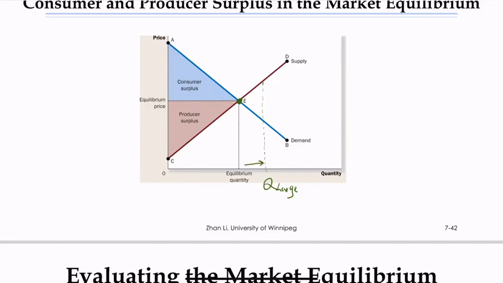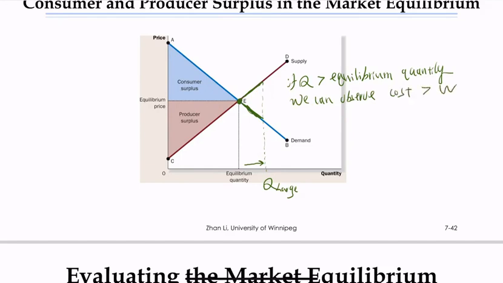Why do we have this? Well, the reason is because if you look at the demand curve and supply curve, what you can see here is if quantity is larger than equilibrium quantity, we can see that cost is larger than willingness to pay.